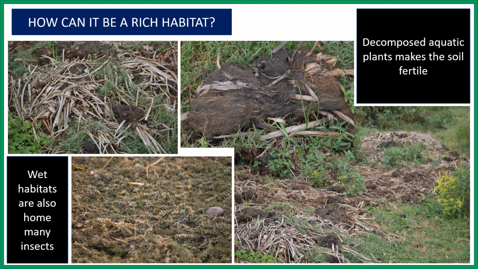The aquatic plants in those places decompose when it dries up, and they can make the soil fertile. Another thing is that wet habitats are also a home for many insects, and insects are food for so many birds and fishes.